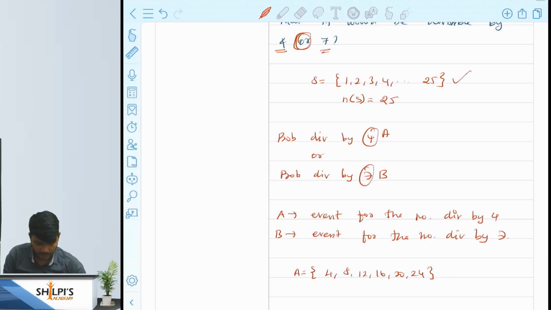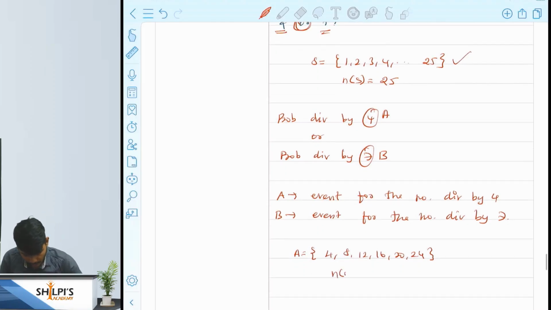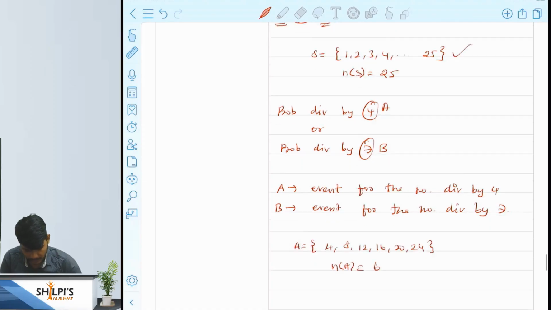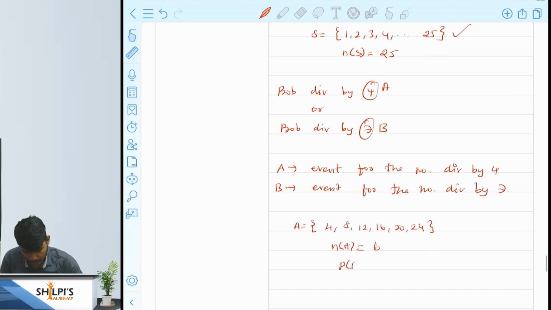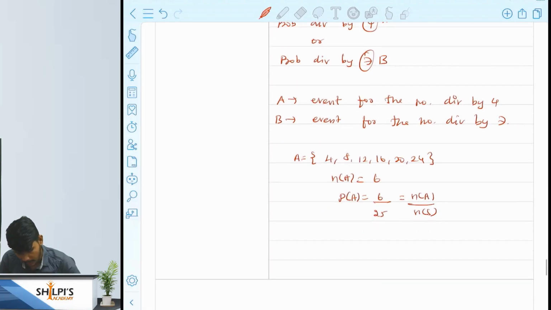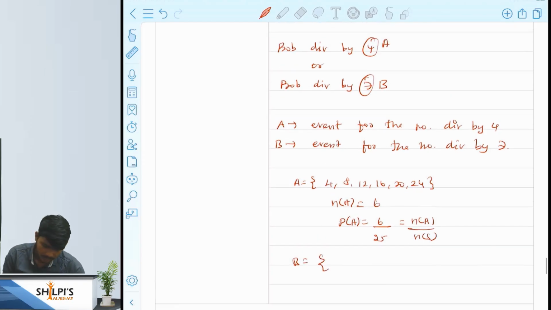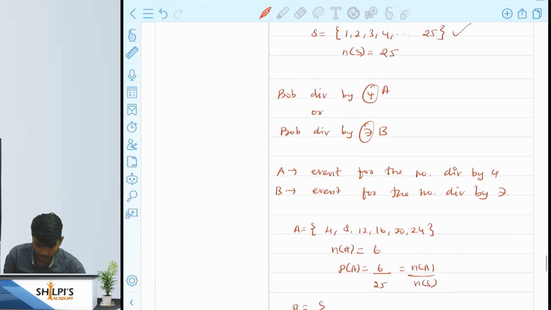So we have 4, 8, 12, 16, 20, 24 as the A set. What's the number of elements in set A? 6 numbers. What's the probability of that event? n of A by n of S, 6 by 25.